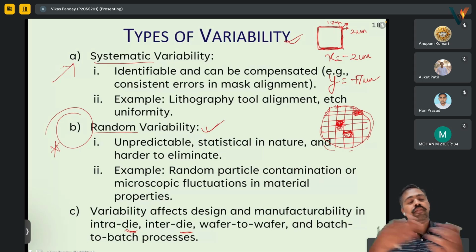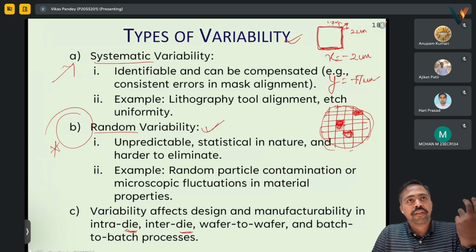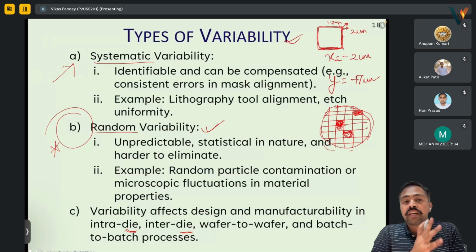And then in another case, say it started raining outside, humidity is again disturbed, and in this case I am getting an even different output. So these are random variabilities, and this has to be taken care of. This can be taken care of only by taking care of the external parameters, like we have been discussing from the start.